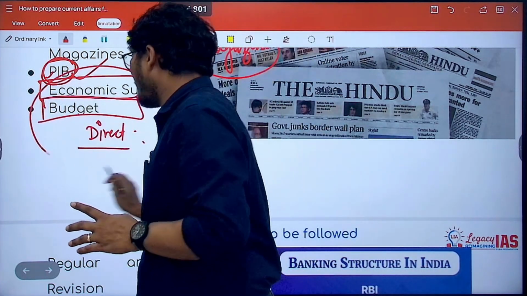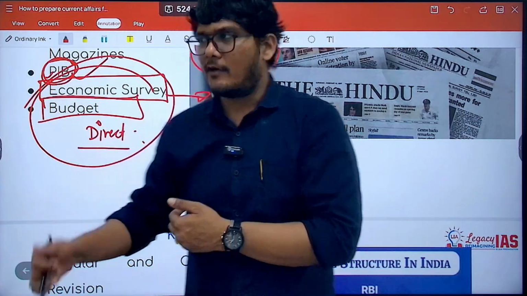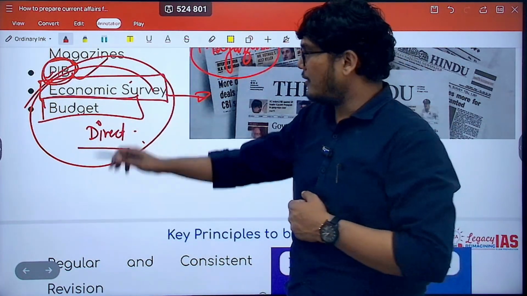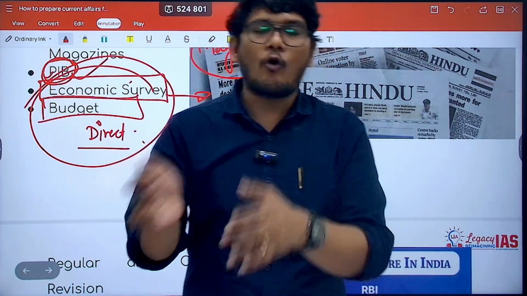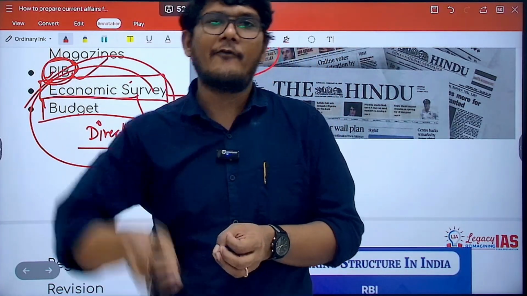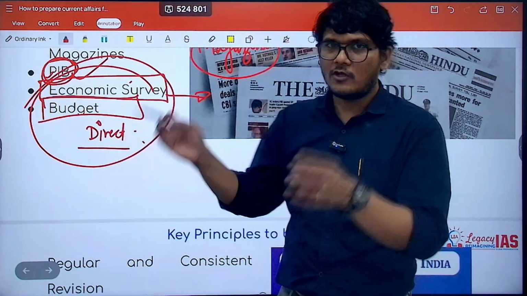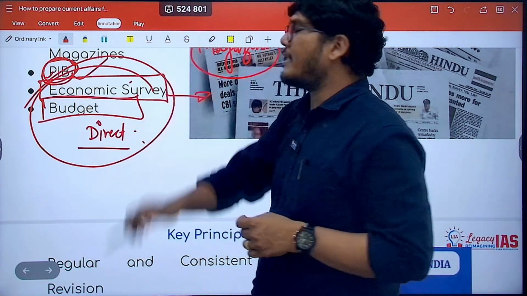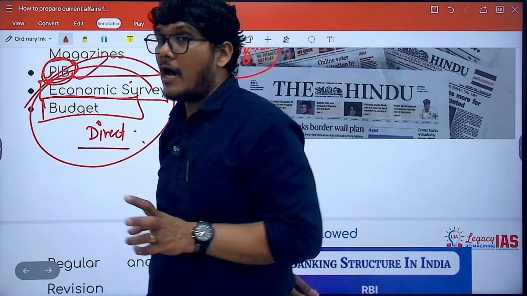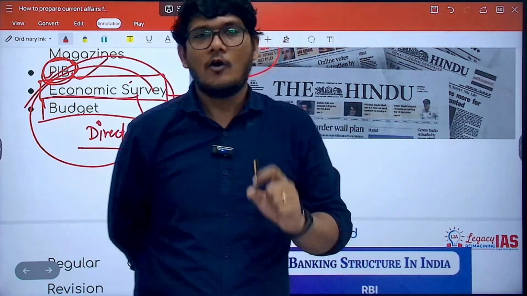So these two documents hold a lot of importance. The economic survey will be released on 31st January and the budget will be released on 1st of February, a couple of months before your examination. So you have to go through that. We'll have special sessions for these, so stay tuned for that as well. Now the question is, how do you study the economic survey and budget? They are humongous documents with a huge number of pages.